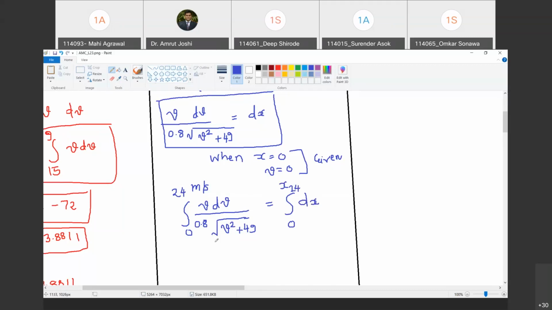Now, can you find out what is the value of the left hand side? We have integration available on the calculator. You can directly do that and tell me the value.